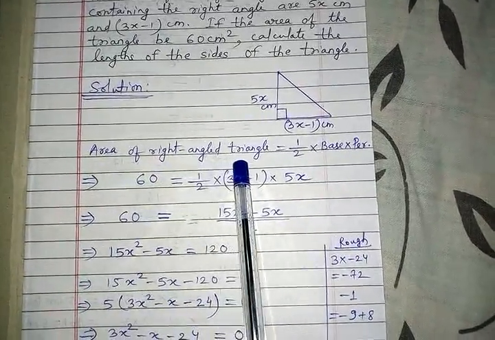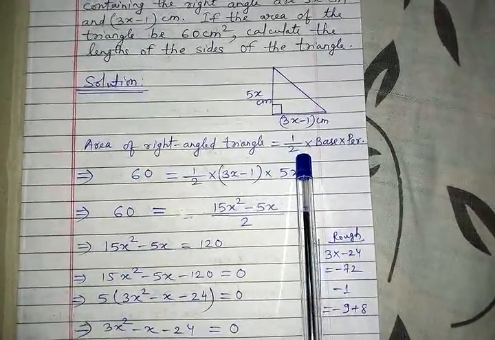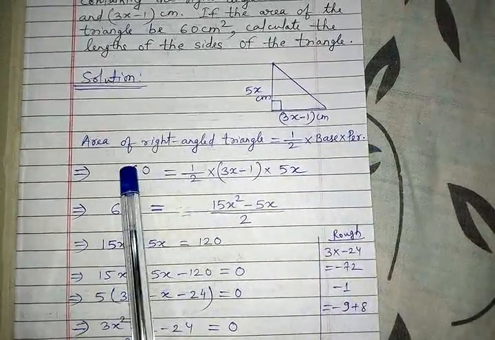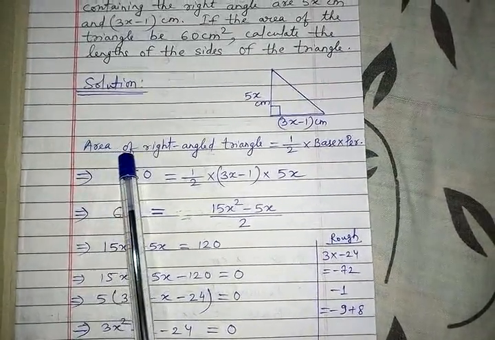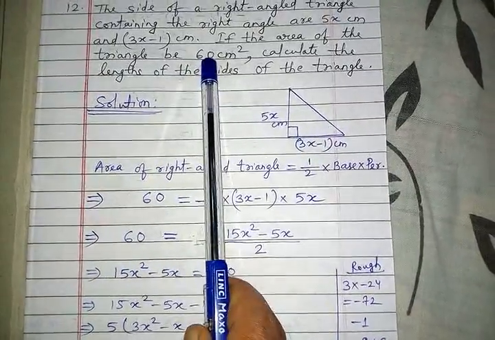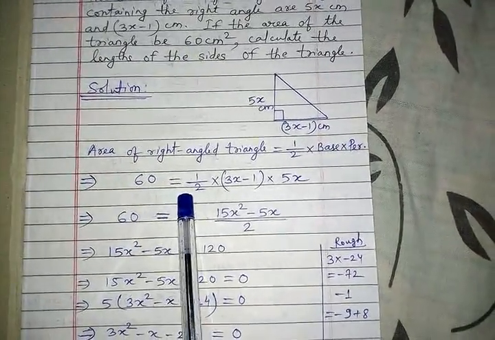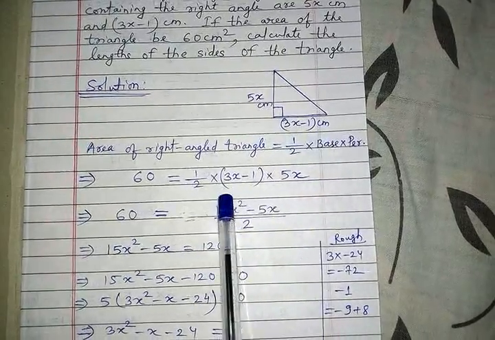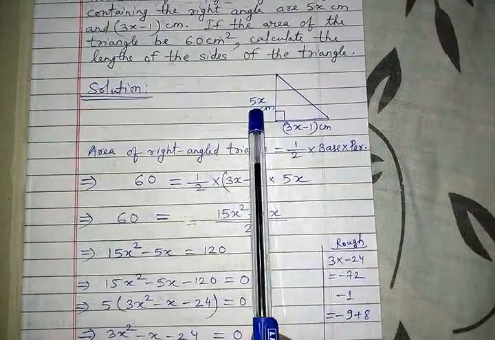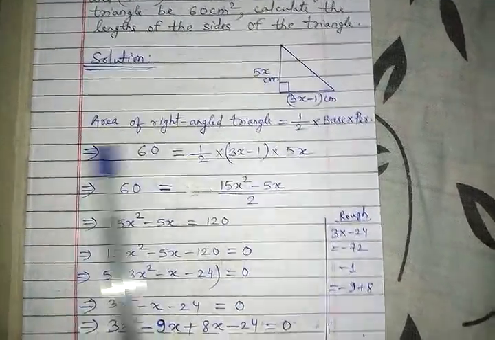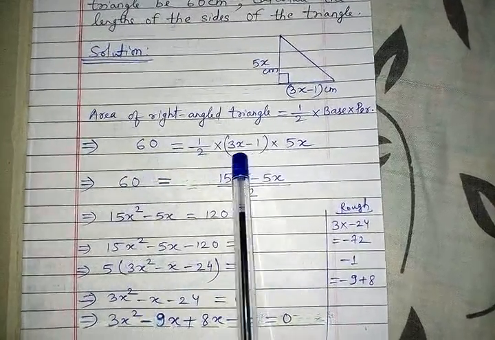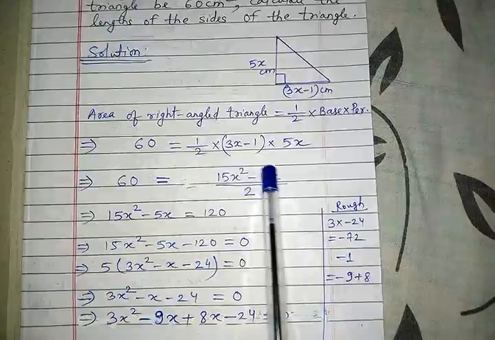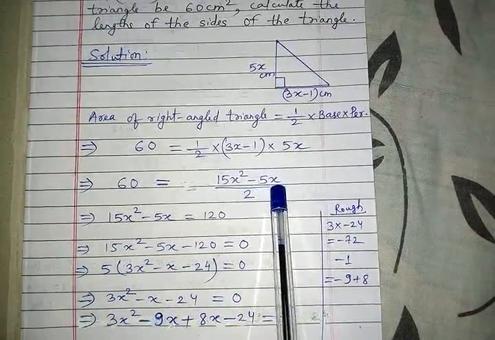Area of a right angle triangle equals half, 1 by 2, into base into perpendicular. In the place of area we put the value 60, equal to 1 by 2 into base 3x minus 1 and perpendicular 5x. Multiplying 3x minus 1 into 5x, we get 15x square minus 5x.